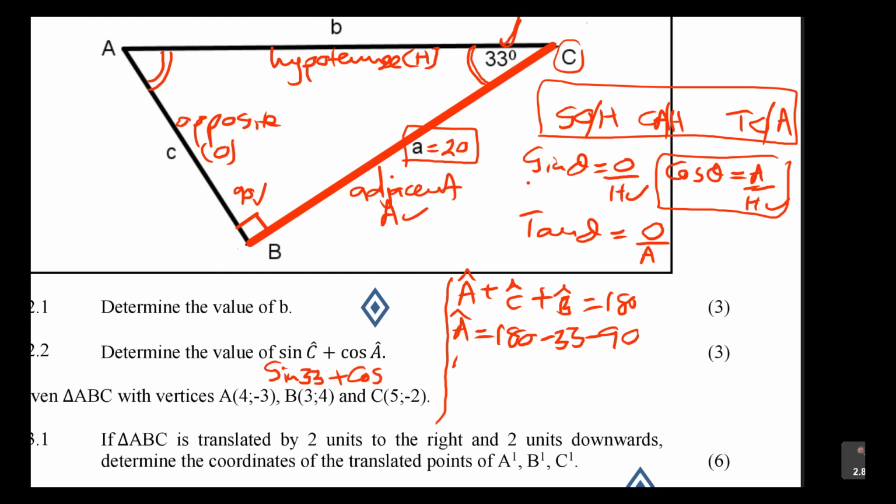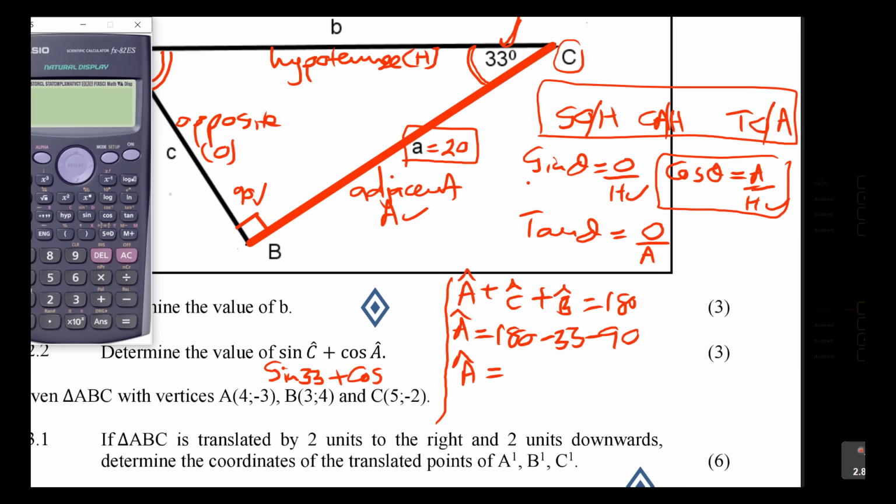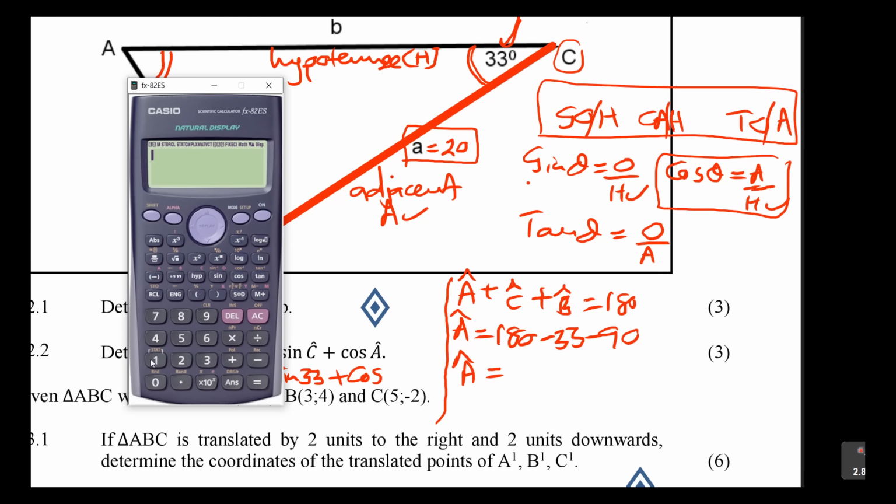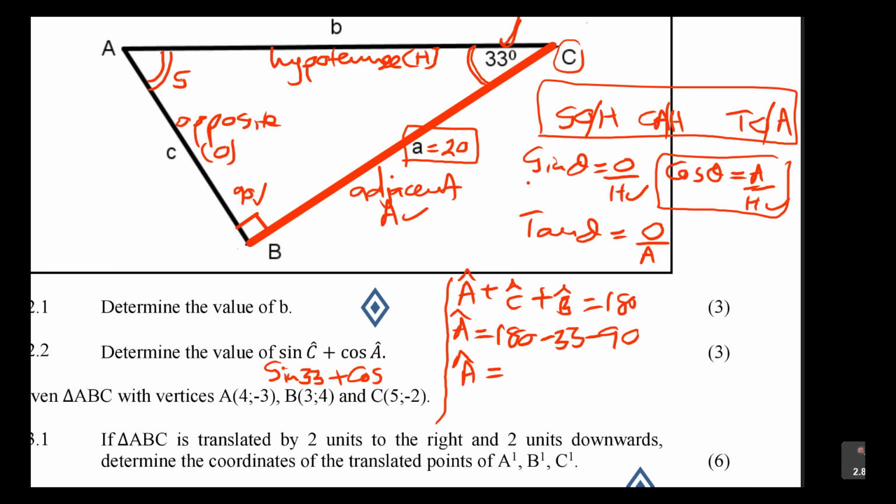It mustn't be difficult. It's 180 minus 90 minus 33. So you see that it's 57. This is 57 degrees. So angle A is equal to 57 degrees.